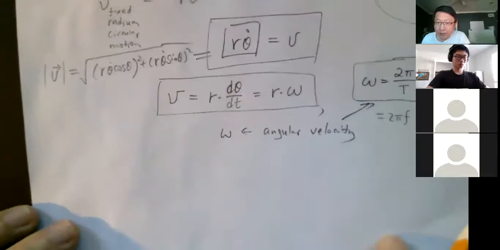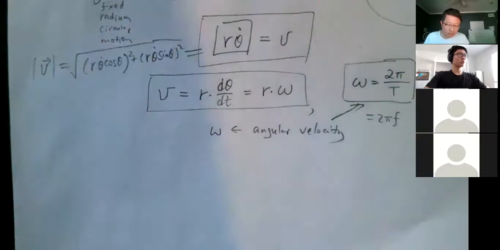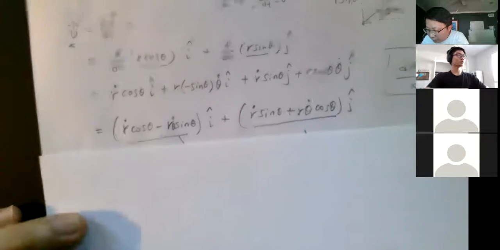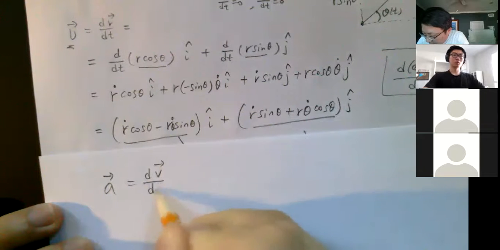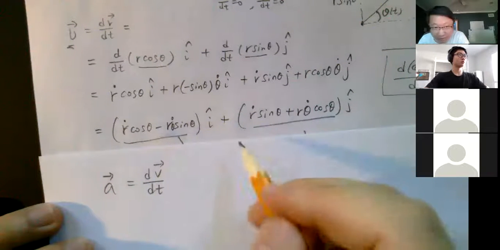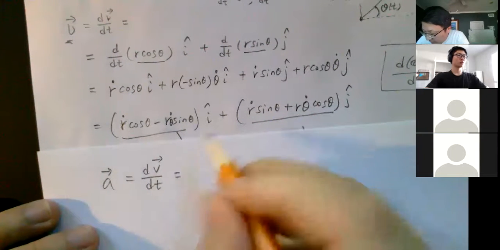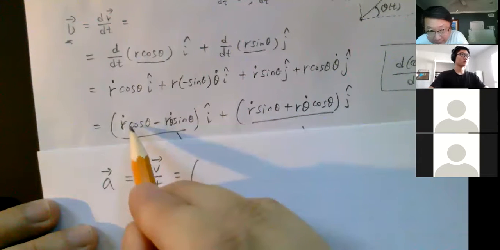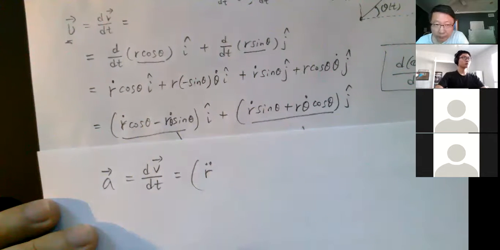Now let's continue. Let me rewrite here. I can continue to do a, which is dv dt. So I have to do one more derivative. Let's do it one by one. Again, in this general case, both are time functions. So the first one has a dot, the second has two dots, right?